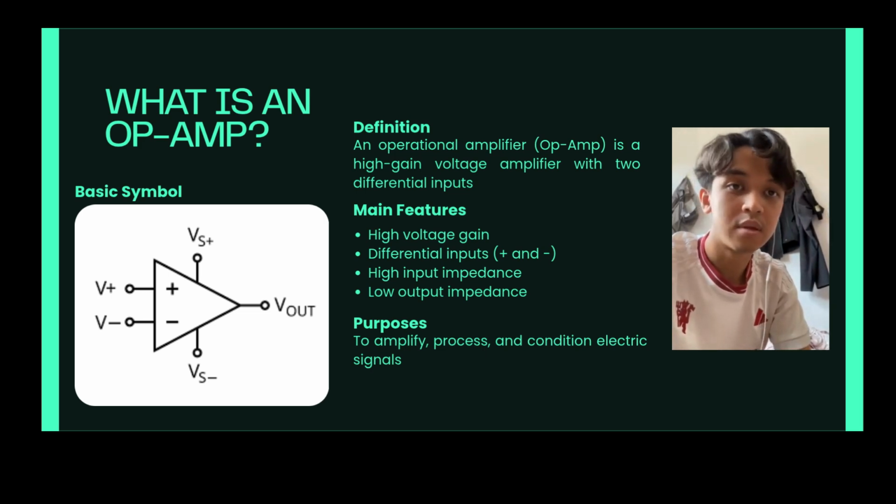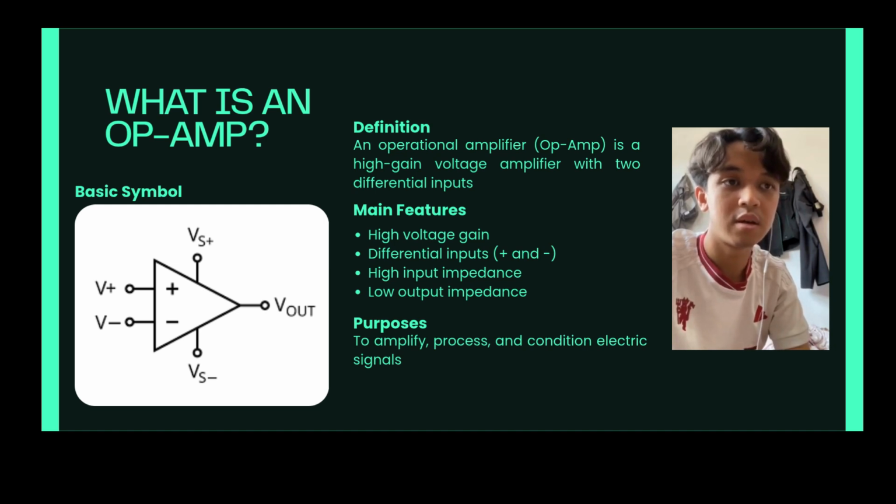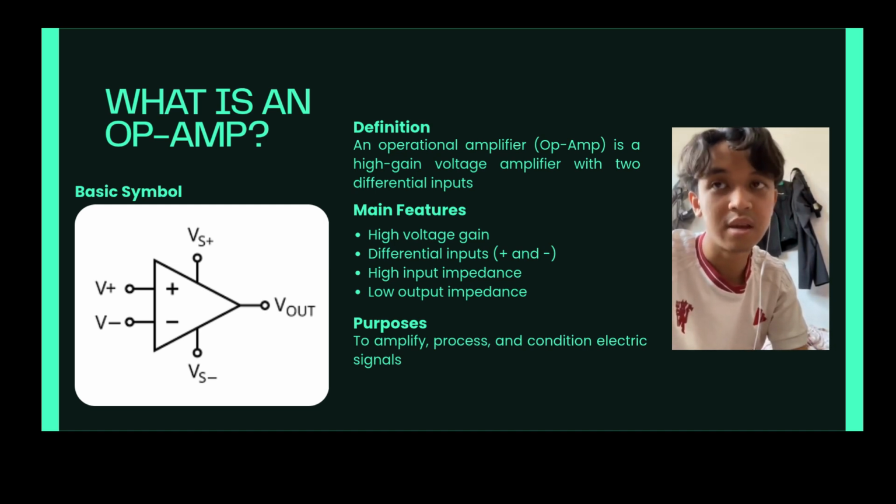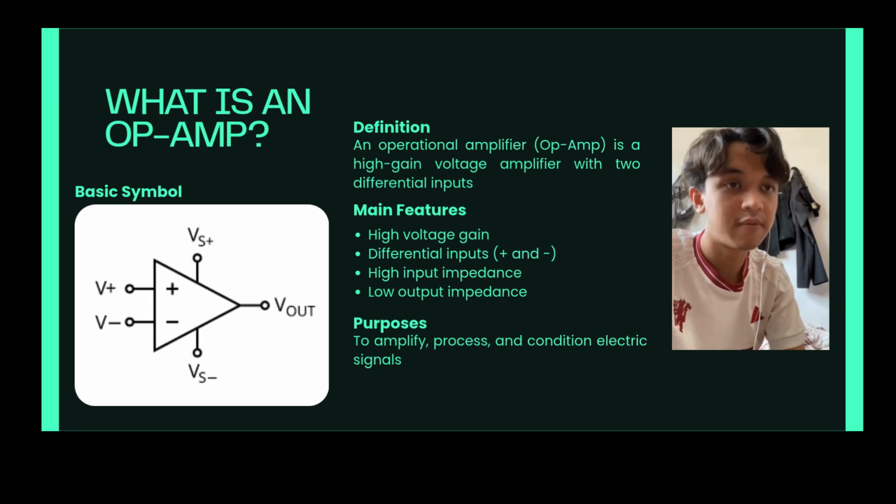We have two differential inputs labeled as V plus, the non-inverting input, and V minus, the inverting input. At the top and bottom, we have a Vs plus and a Vs minus, which provide the necessary power supply to the components. And finally, on the right, we have our single output voltage.